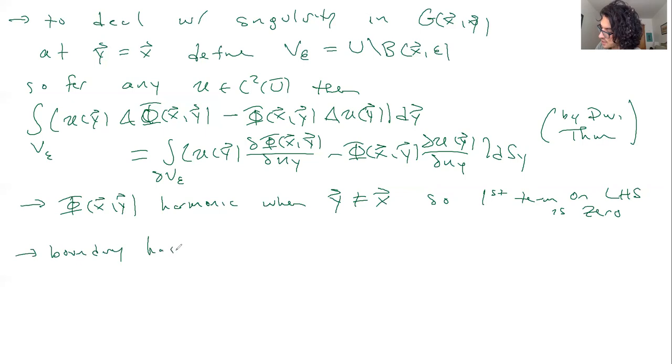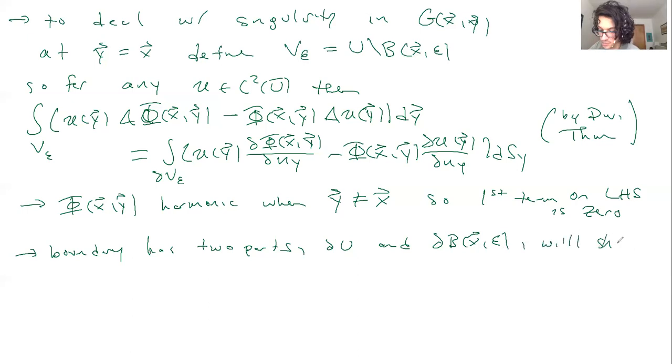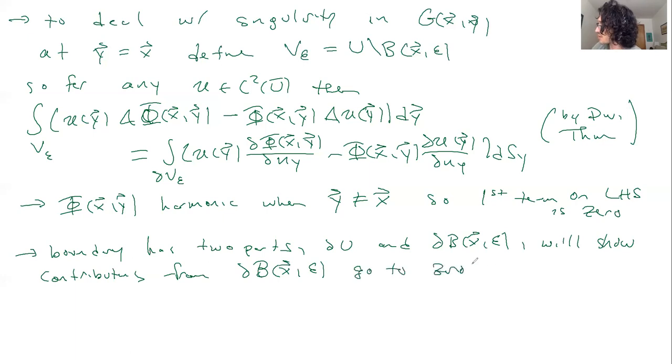Now the boundary has 2 parts, right? What 2 parts does the boundary have? Well, first of all, it has the boundary of U, and second of all, it has the boundary of the ball that we cut out of U, okay? And we will show that the contributions from the ball, the boundary of B_x epsilon, go to 0 as epsilon goes to 0, okay? So we can zero out more terms there.